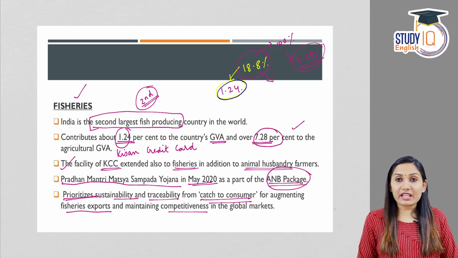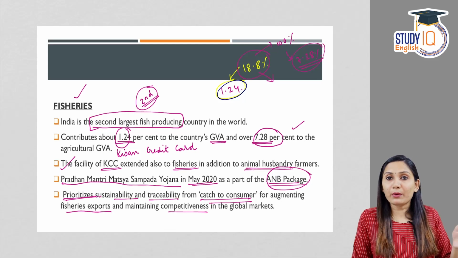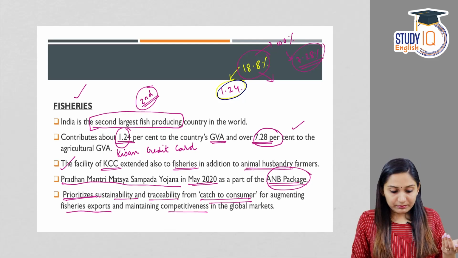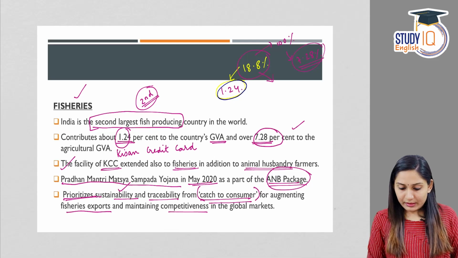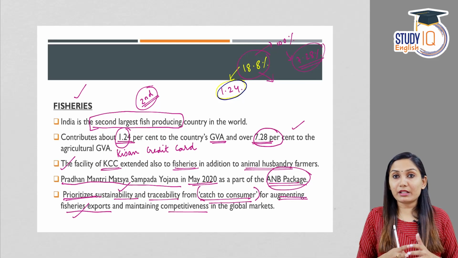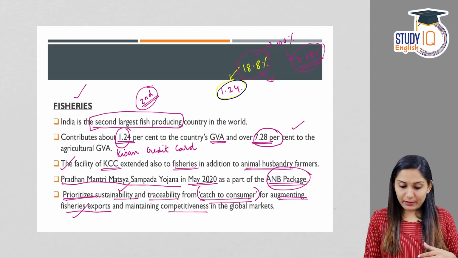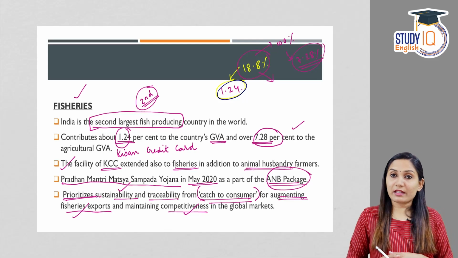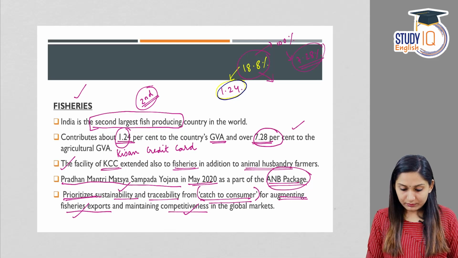Sustainability means concern for future generations without exploiting the resources. The reason is to augment fisheries exports, thereby earning more income for the country, and to remain competitive in the global market.